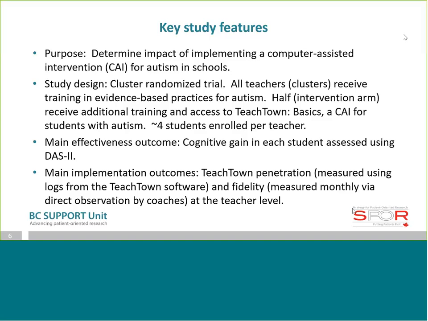In terms of the implementation, what the researchers are interested in is to what extent Teachtown is being adopted by the teachers, so that's the penetration, and it's measured using logs directly from the software, and the fidelity, which is measured by direct observation by the coaches on how the teachers perform. And so it's key to note that these outcomes are measured at the teacher level, not at the student level.